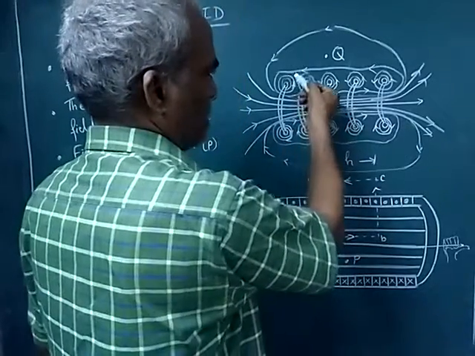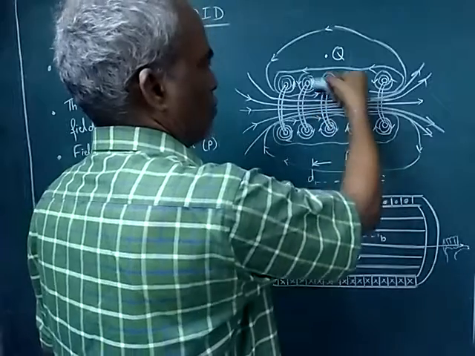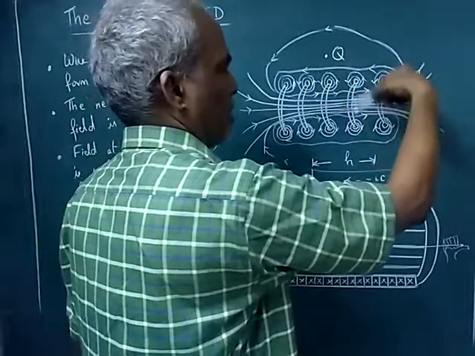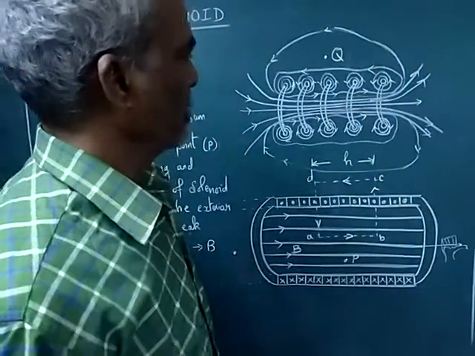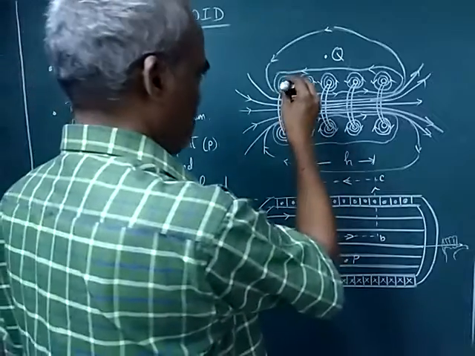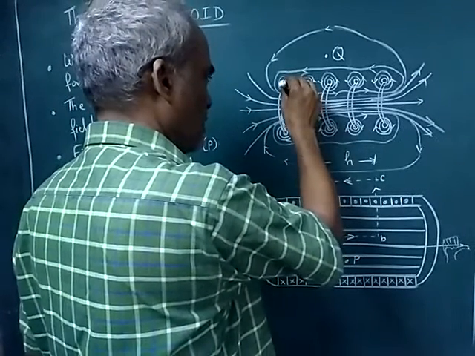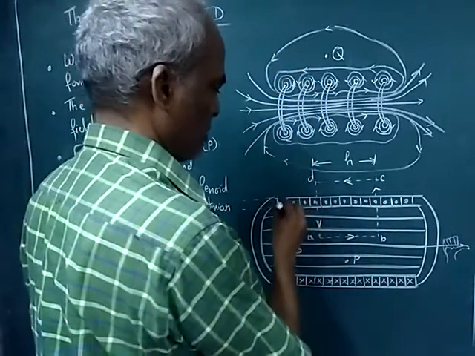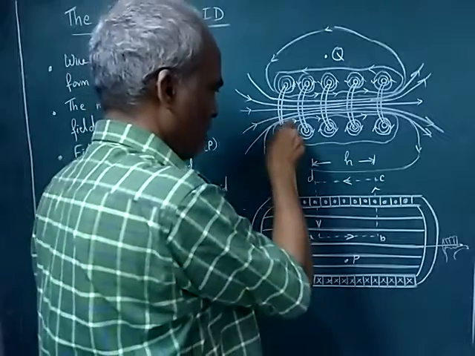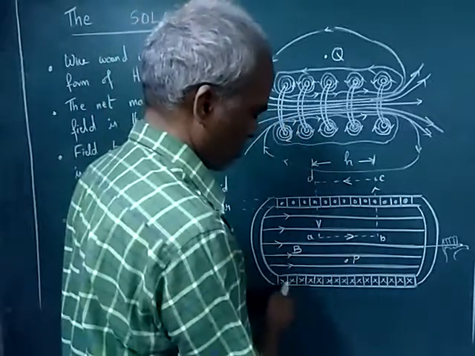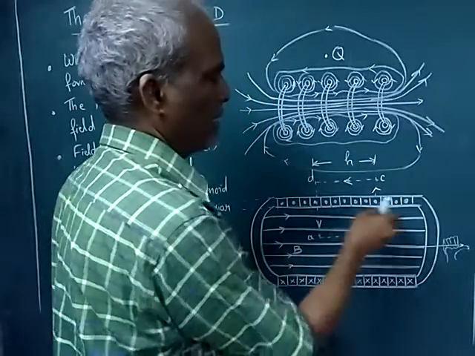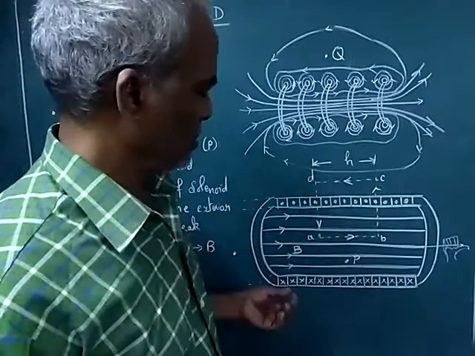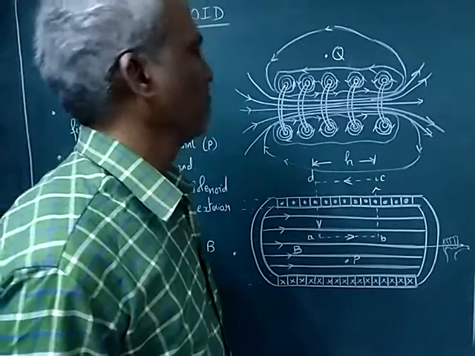Actually, the conductor comes here, moves in these slots and goes like this. So we can view the conductor current is coming out of this, okay, whereas here it is entering. That's why we put a cross here. The dotted line indicates it is coming out and the cross line goes inside.